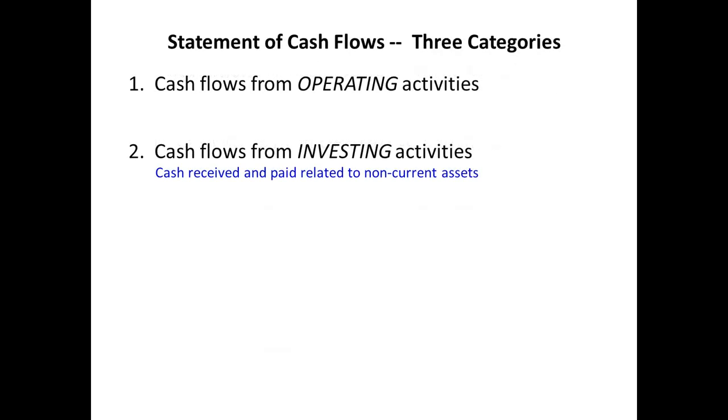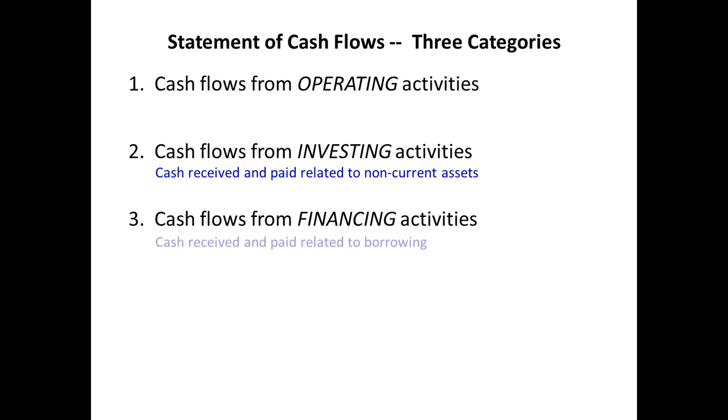The third category is cash flows from financing activities. This is where we'll list cash receipts and payments related to long and short-term borrowing, and cash received from and paid to our own stockholders. FASB recognized that a company can obtain financing from two sources, lenders or owners, so they combine these cash flows into the financing activity section.